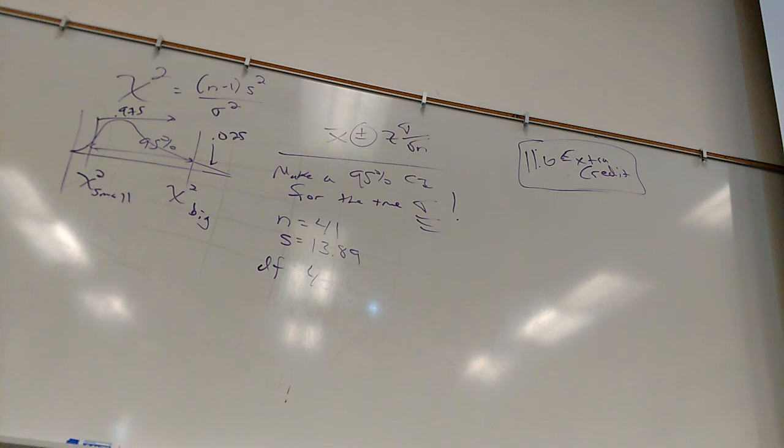So for degrees of freedom of 40, and you look at 0.025, I get 59.342. You guys also get that? Everybody's got one of these charts? Okay. So I get 59.342.